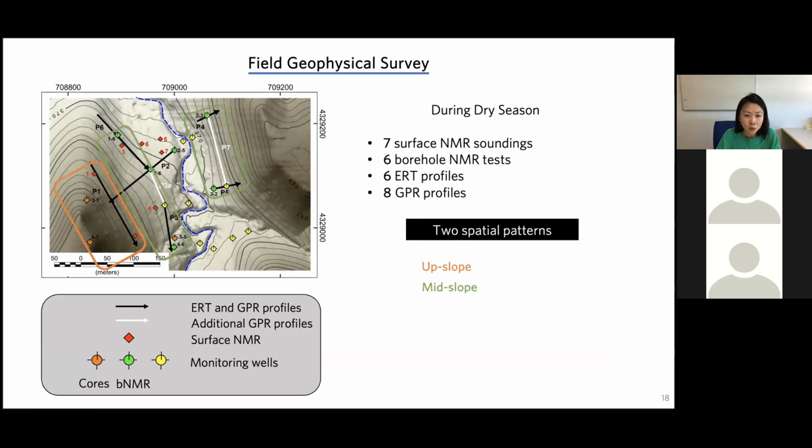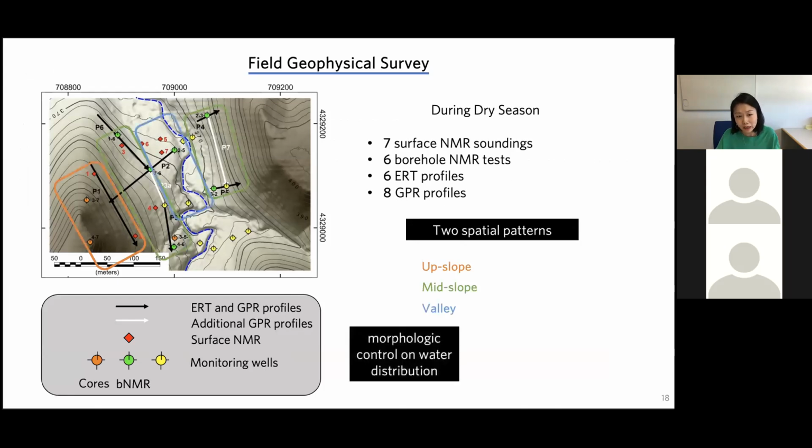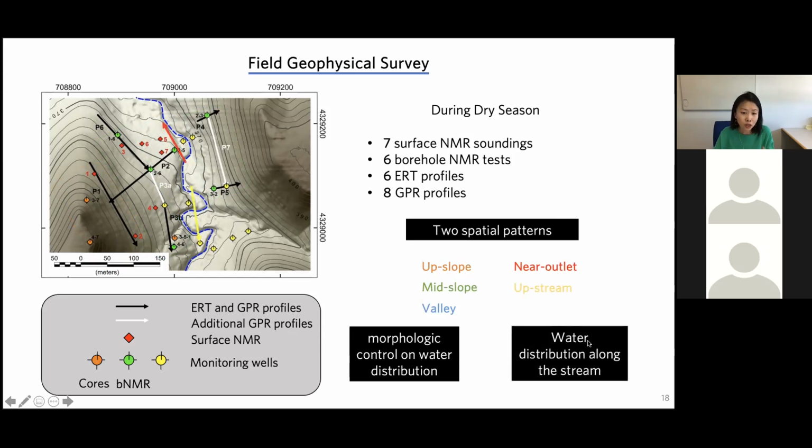And we designed the experiment in such a way that we can cover the morphological control on the water distribution by looking from the upslope to the valley. We are also interested in how the water is distributed along the stream. So we have this profile near the outlet and upstream in the spring.